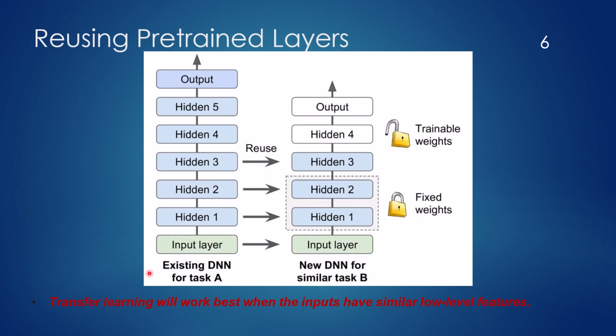Transfer learning works best when the inputs of both tasks share similar low-level features, for example edges and texture in images. The visual summary of this image is: the left side is the existing DNN for task A and the right side is the new DNN for task B. It reuses early layers from task A and trains only the top layers for the new task.